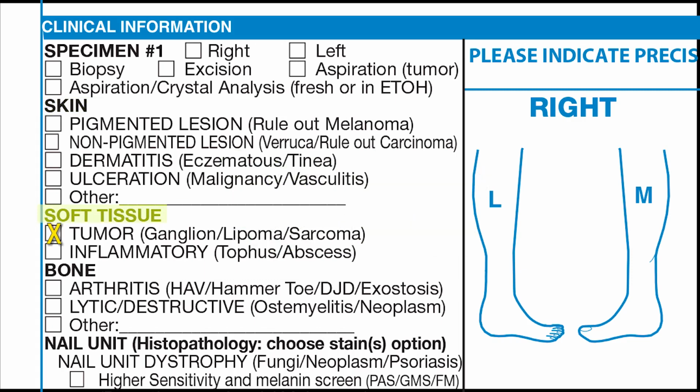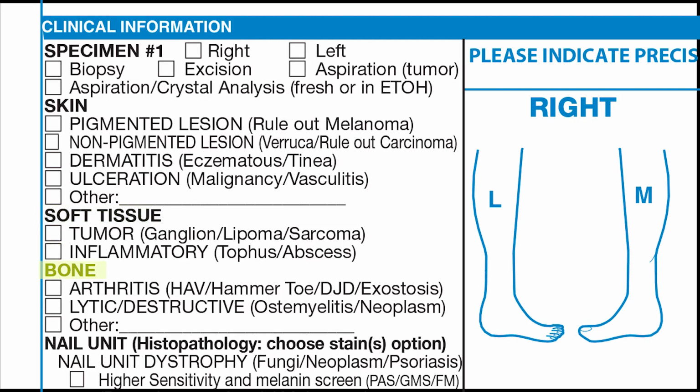Please select a box in this section of the requisition when a tissue is being submitted that is not bone, nail, or skin. If the clinical impression requires a rule out of neoplasia, please select the box corresponding with tumor. If the clinical impression requires a rule out of an inflammatory process, then please select the box corresponding to inflammatory.